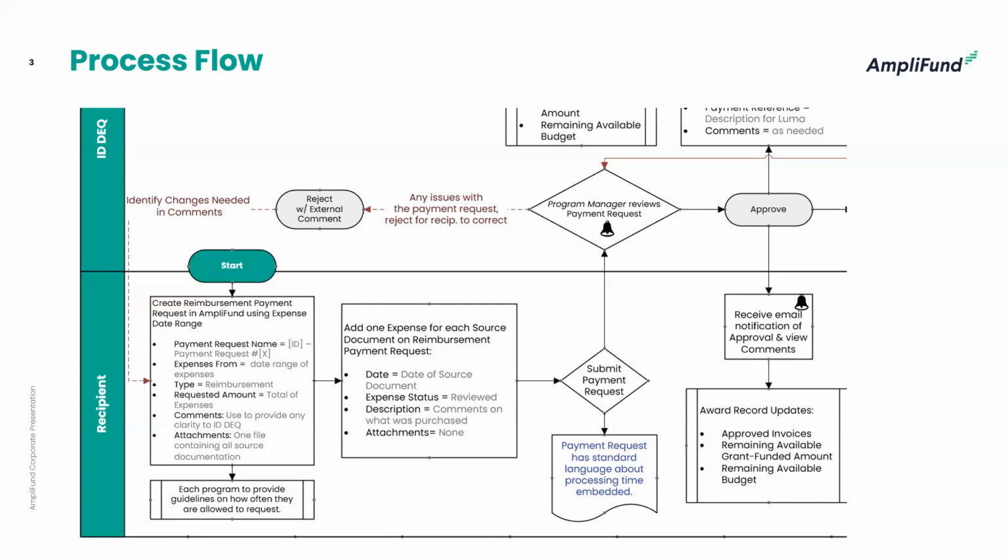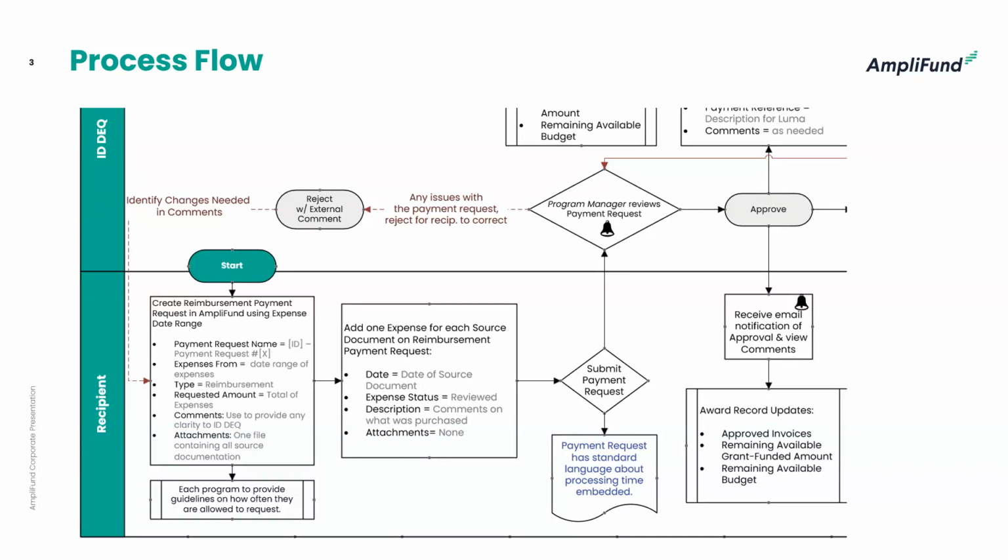So I'll show you how to use and navigate between some of the different date ranges in order for you to select a specific range of expenses to include and roll into your reimbursement request that you'll be submitting to your grant manager at IDDEQ.